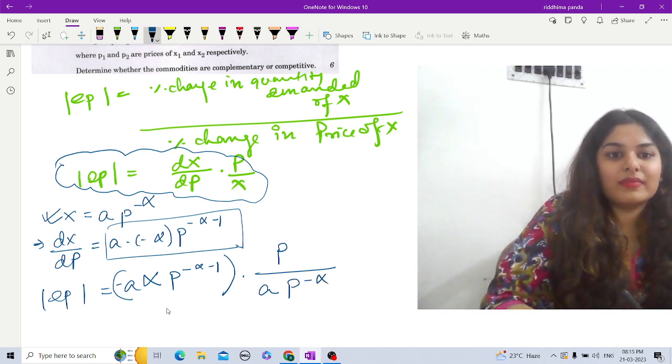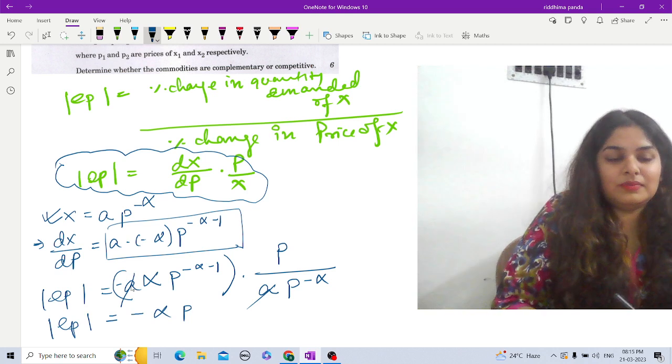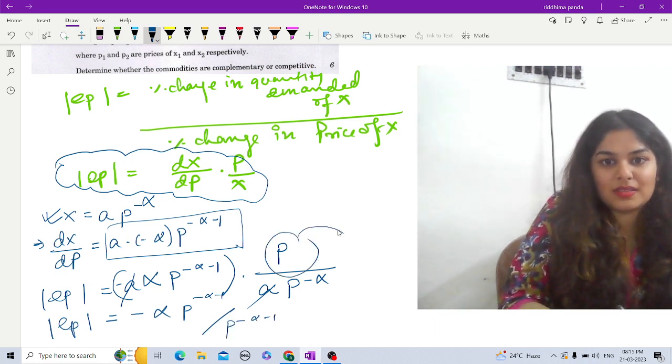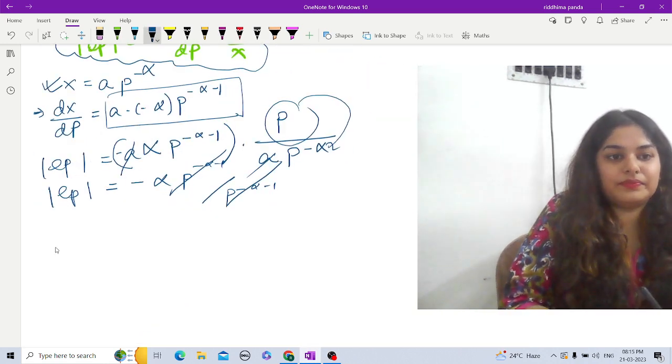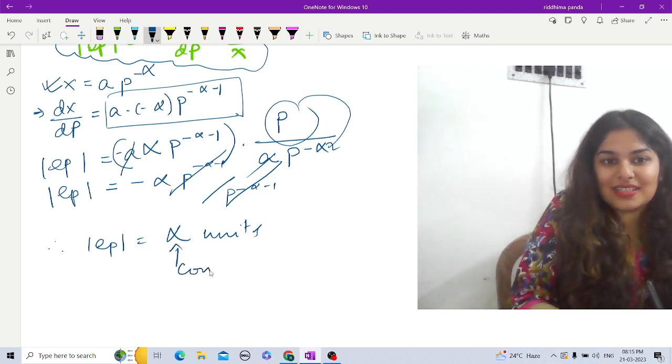So a gets cancelled, and we get alpha into p to the power minus alpha minus 1 divided by p to the power minus alpha minus 1, so these also cancel. The mod value of EP is alpha, because I'm not going to consider the minus sign, which is a constant.